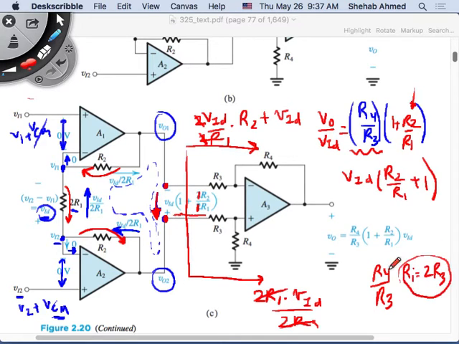This was the input impedance, this was the gain. If I want to make the difference amplifier have high gain, I need R4 to be big and R3 to be small. If R3 is small, the input impedance of the difference amplifier is low, so I would be loading my sensor. So we didn't like that circuit, so we went to the instrumentation amplifier.